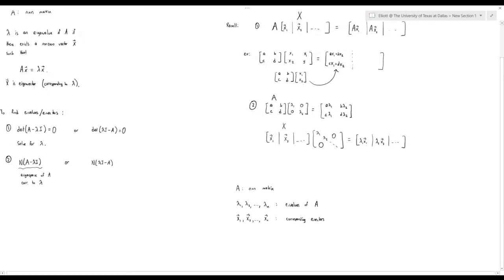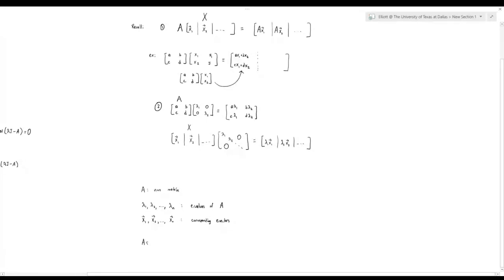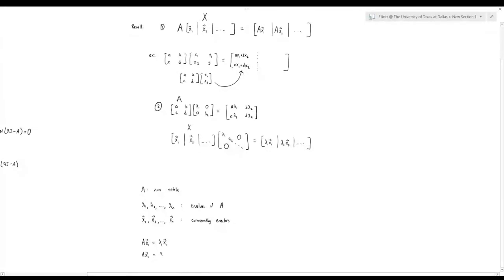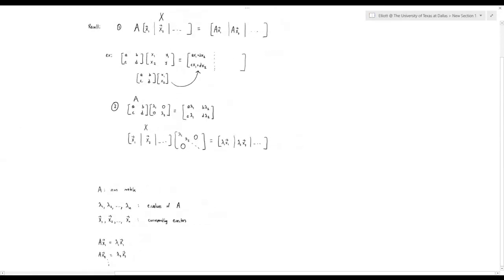That means A times x1 would be equal to lambda 1 times x1. A x2 will equal lambda 2 x2, and so forth.